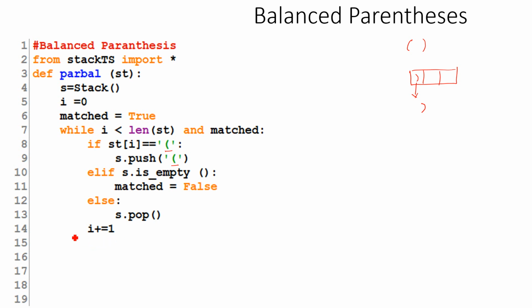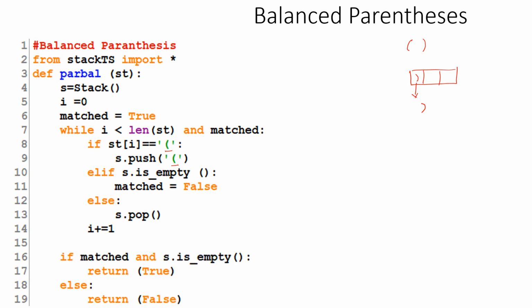This process completes when either match is set to false or the entire length of the string is reached. Then at the end, we check whether match is true and the stack is empty. Because as we keep on popping, at one time the stack must be empty for the corresponding closing bracket, isn't it?